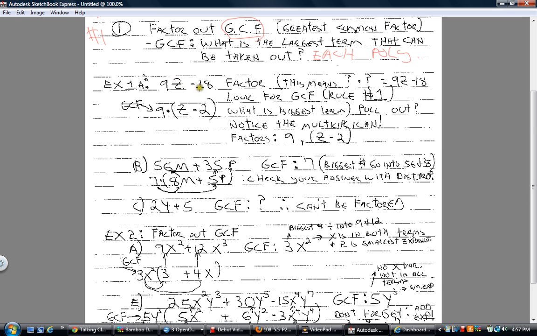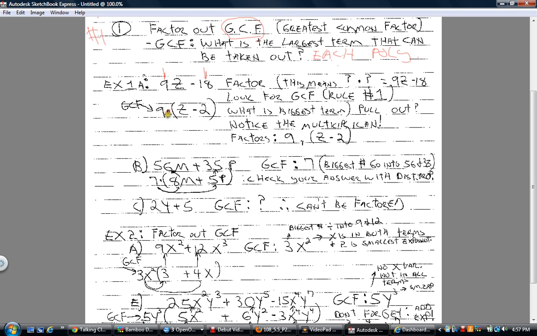Look at 9z minus 18. Now, can we look at both the coefficients or the numbers and figure out a number that will go into 9 and 18 evenly? And the answer would be 9. 9 goes into itself once, 9 goes into 18 twice. Okay, now you pull out the 9. That's what the GCF is. Give yourself a set of parentheses. You're doing multiplication here.